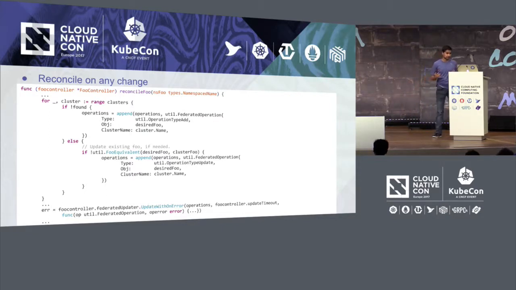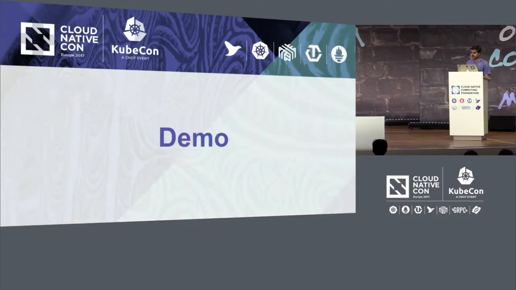And you usually don't want to do the operations every single time something has changed, so there is a facility or library to batch these operations. You batch these operations and give them to the updater, which does the batch update on all the underlying clusters. So with that, let's try a demo.